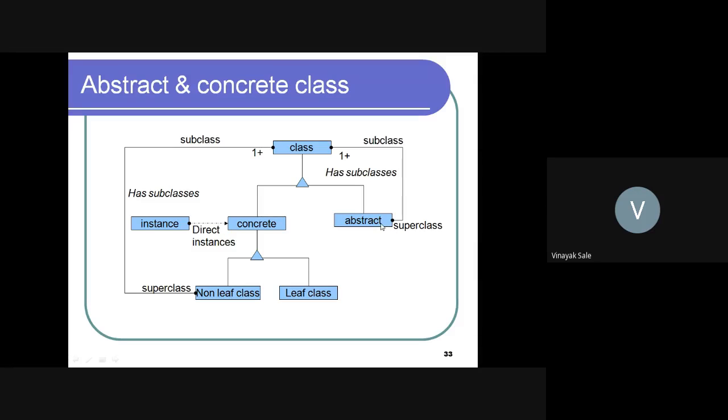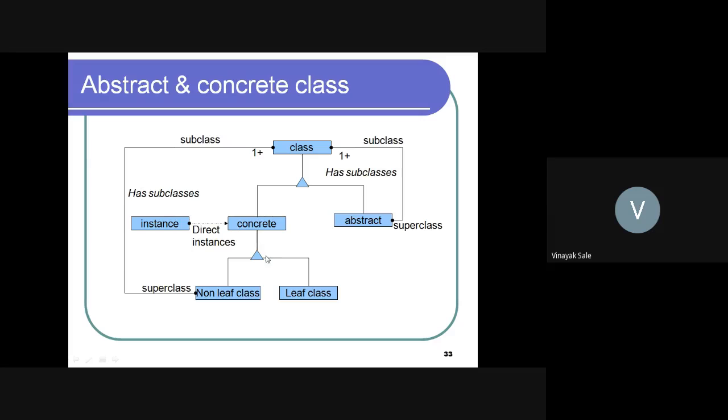An abstract class may act as a superclass, and a class becomes a subclass. Then a concrete class has kinds of non-leaf classes and leaf classes. A non-leaf class acts as a superclass and a class becomes a subclass.